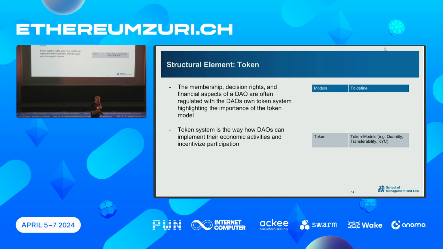Then we have the token. Tokens can be used for many things in DAOs. It can be used to signal membership. It can give, as we talked already, decision rights. They can be financial assets of a DAO. Here also the regulation kicks in again.